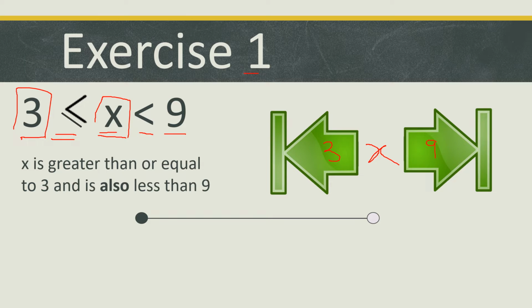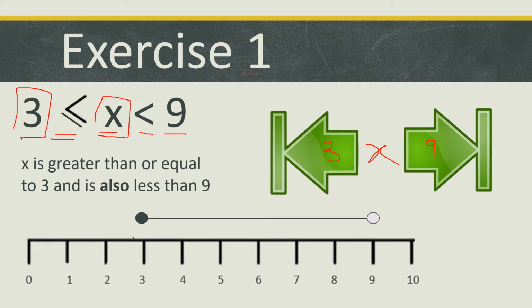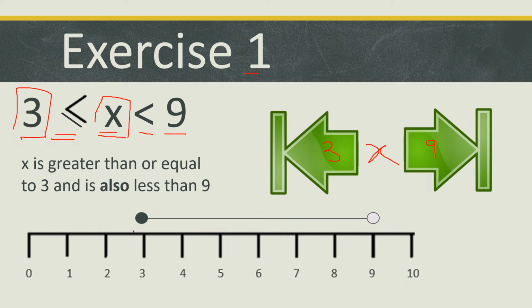So let's look at the number line. Here are the numbers, and as we saw, the number 3 is included because it says that x is greater than or equal to 3. So we are going to write that 3 is also included, and we are going to use a closed interval to represent this.